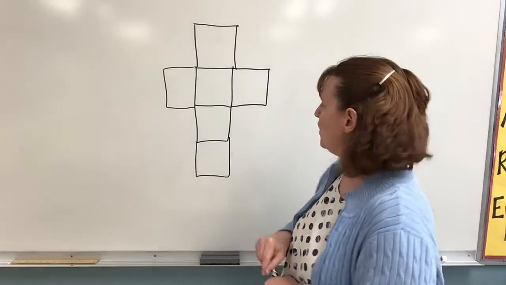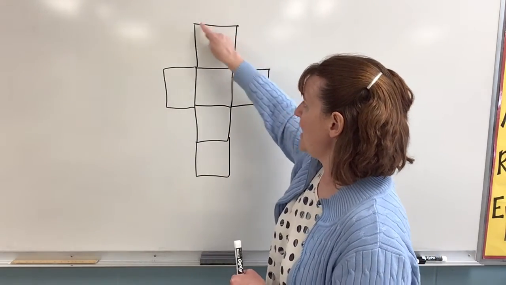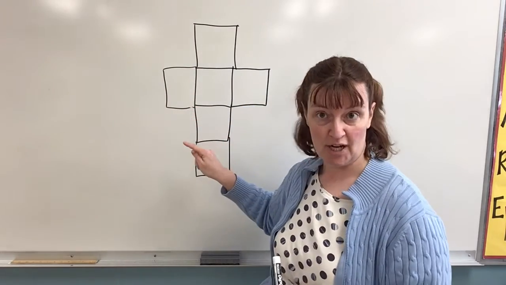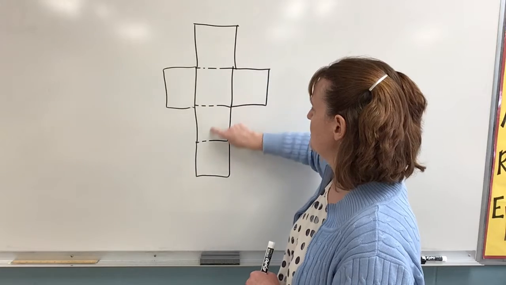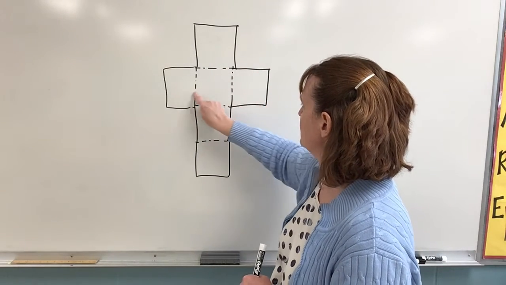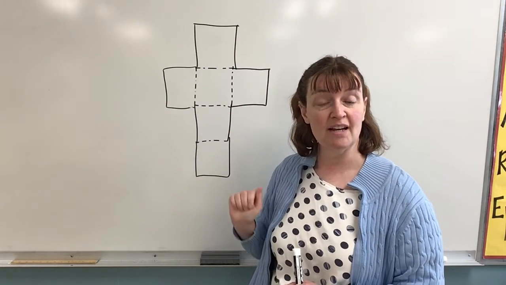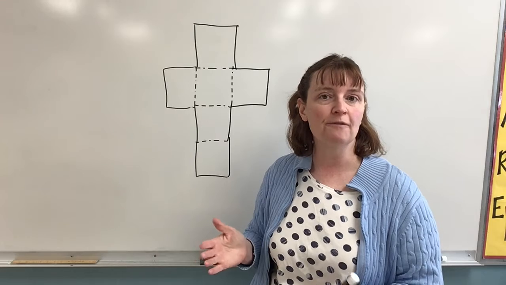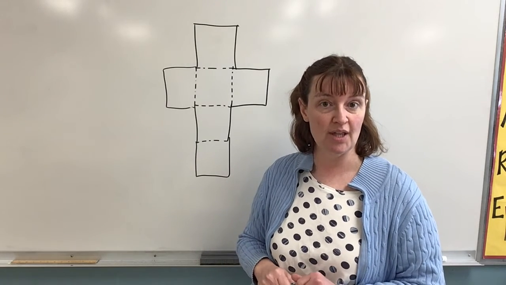And if you cut out all the way around the outside edges of that shape, and instead of cutting on the folds, let me turn these into dotted lines real quick so you can see this a little bit better yet. Those dotted line areas, instead of cutting those, you can fold on those dotted lines. So I'm going to show you how to do that in just a moment.